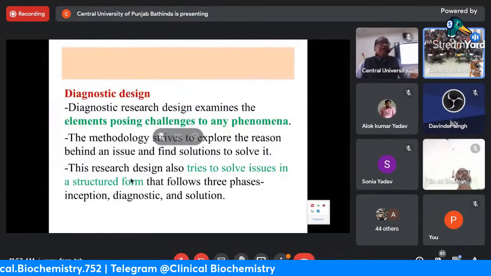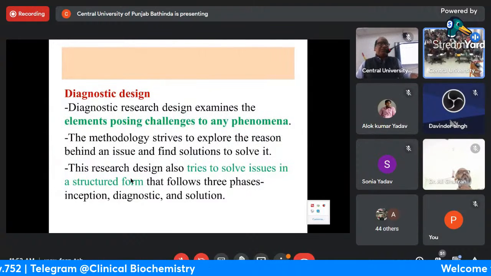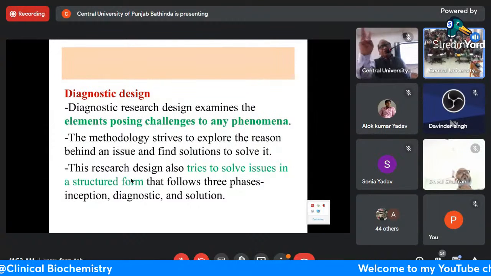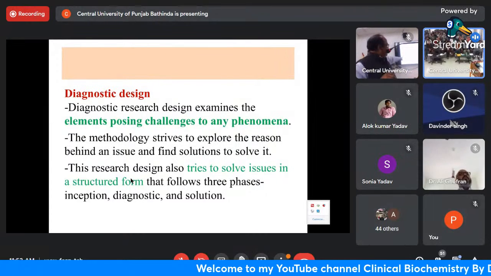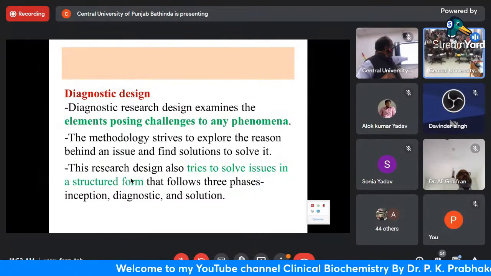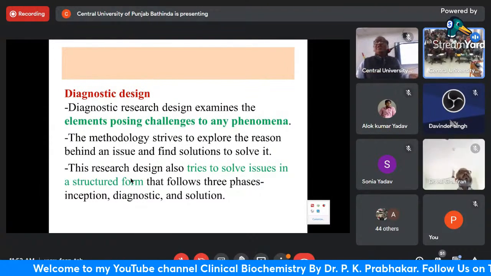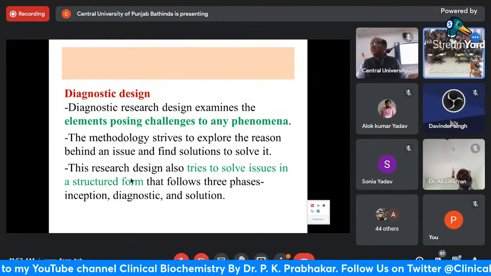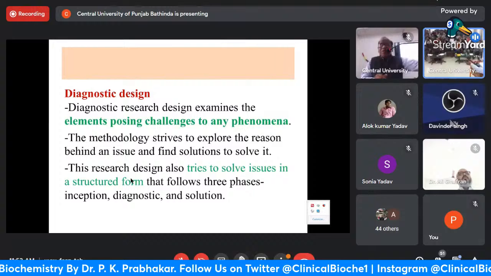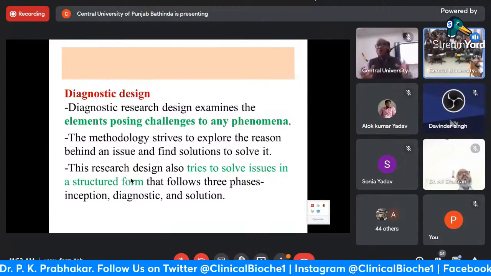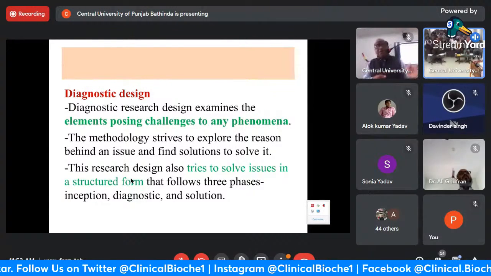In the case of diagnostic research, what happens? It goes through these three major steps: inception, diagnosis, and solution. Inception is the starting point. What is the problem? What is the nature of the problem? Who are the sufferers of the problem?